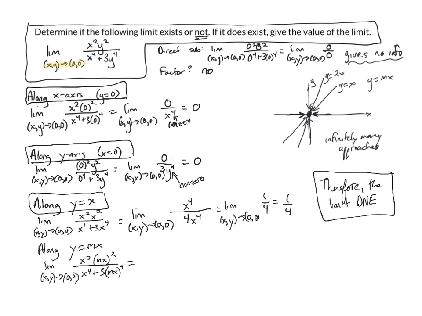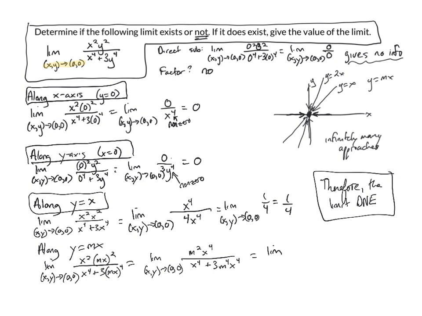Notice that I'm doing that very carefully because now I'm going to apply the power to the m and the x. So the numerator becomes m squared x to the 4th. The denominator becomes x to the 4th plus 3m to the 4th x to the 4th.